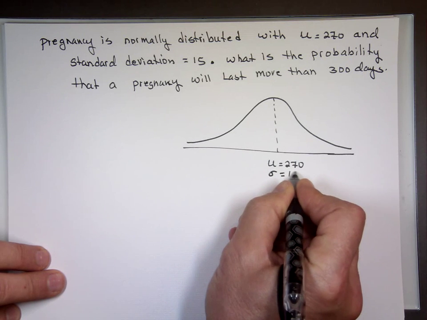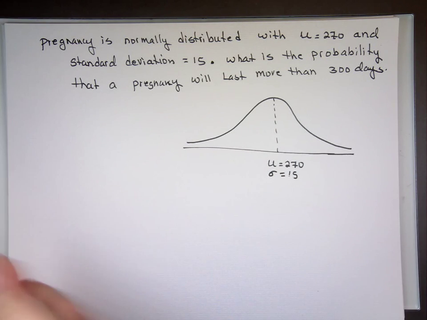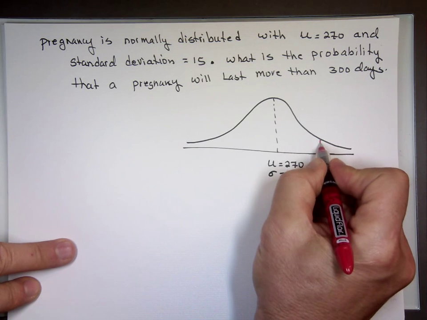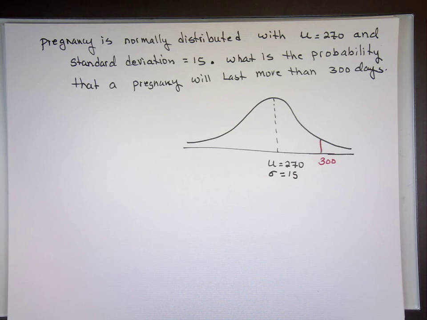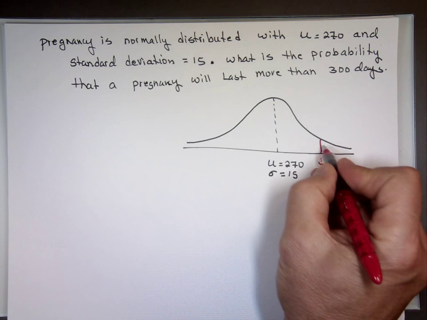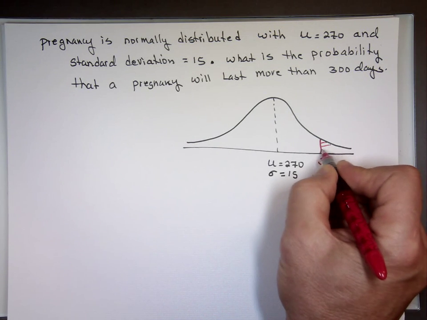And this sailor came home and his wife gave birth after 300 days. Where's the 300? Right here. And this person's questioning if that baby is his or not, because is it possible for somebody to give birth after 300 days? So what percent of the people give birth after that? We're looking for that area.